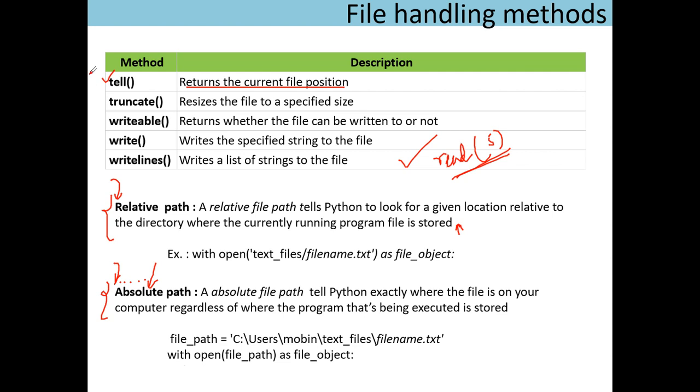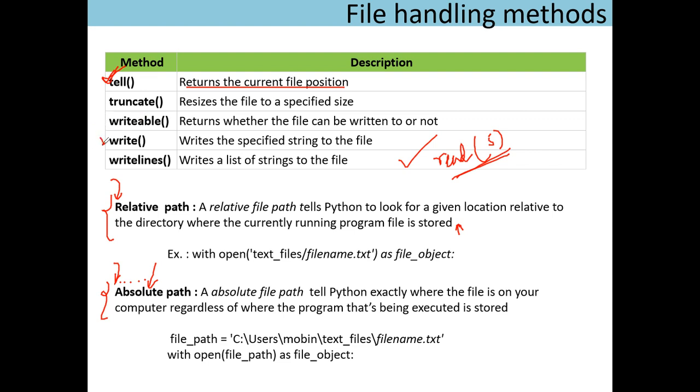Now if you use tell, it will give the position of the file pointer, so it will return 6. This is the operation of the function tell. Tell will give you the position of the current file pointer.